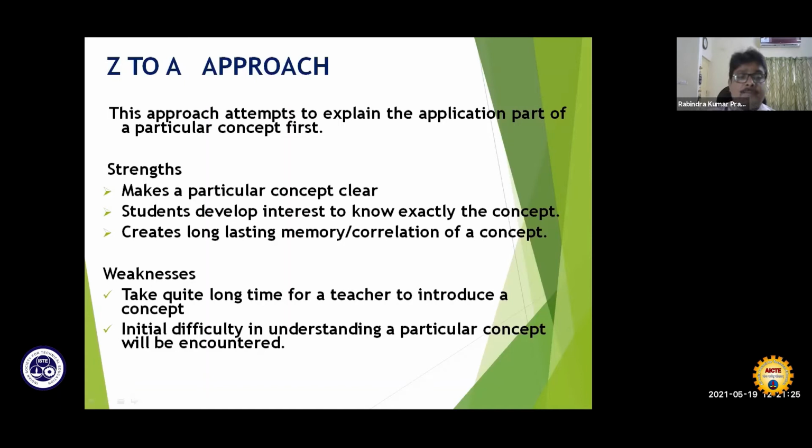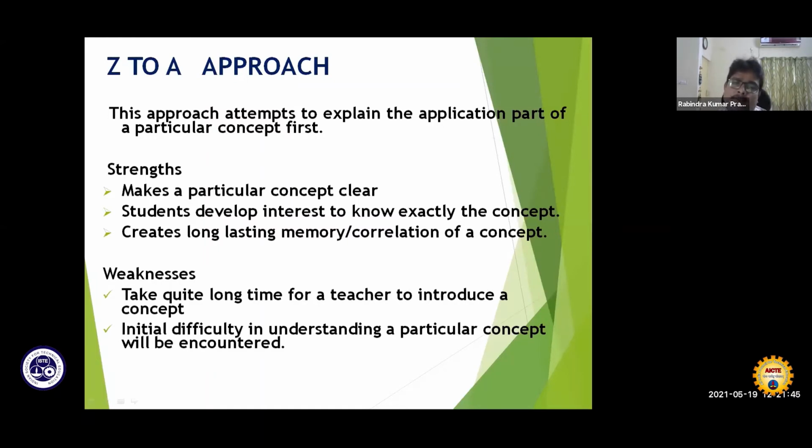And that will help to create long-lasting memory and correlations of a concept. When the teacher starts telling the application parts, the students might be engaged in doing some activity and test its real applicability in real life situations.